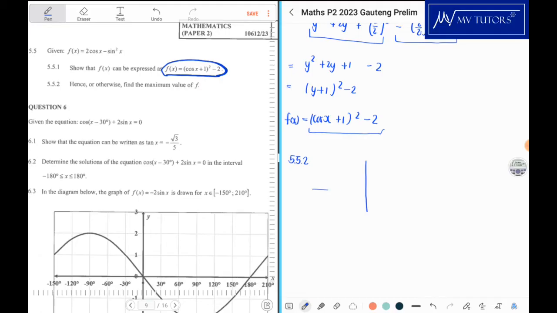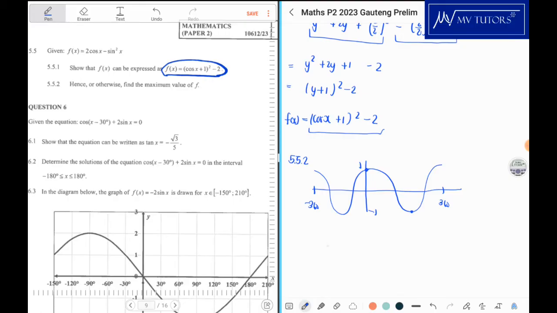If you were to draw a cos x function that has a domain of negative 360 to positive 360, it would look something like this. Okay, not exactly to scale. All right, and what would be the maximum value? You would either have a maximum value of 1 or a minimum value of negative 1.